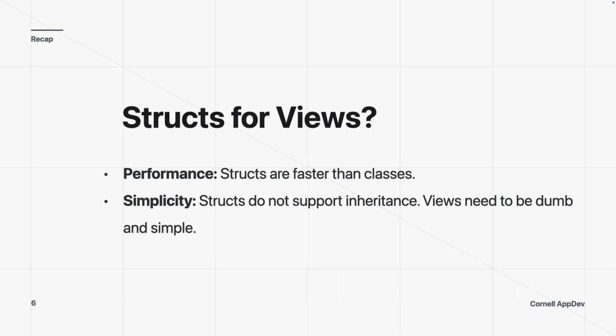We also talked about why we use structs for views instead of classes. First, structs are faster than classes, since structs are value types instead of reference types like classes, which makes copying faster. Also, structs don't support inheritance, which makes things simpler.